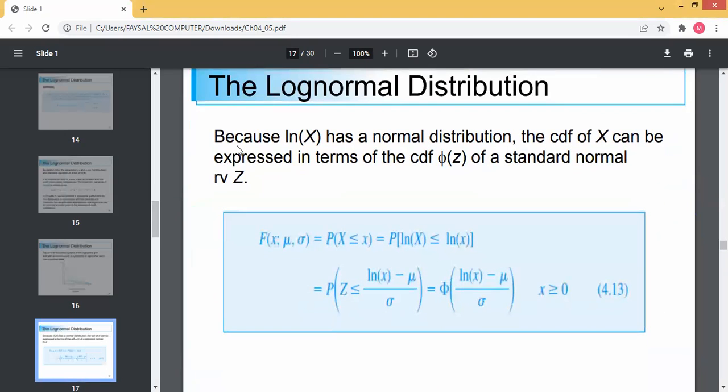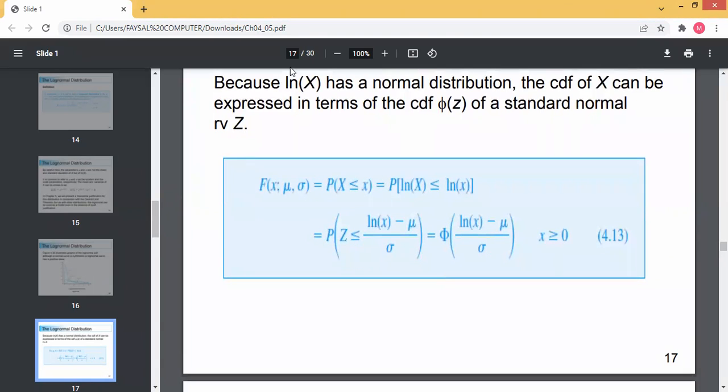Now, because log x has a normal distribution, the CDF of x can be expressed in terms of the CDF of function z of a standard normal RV Z. The formulas are written here.